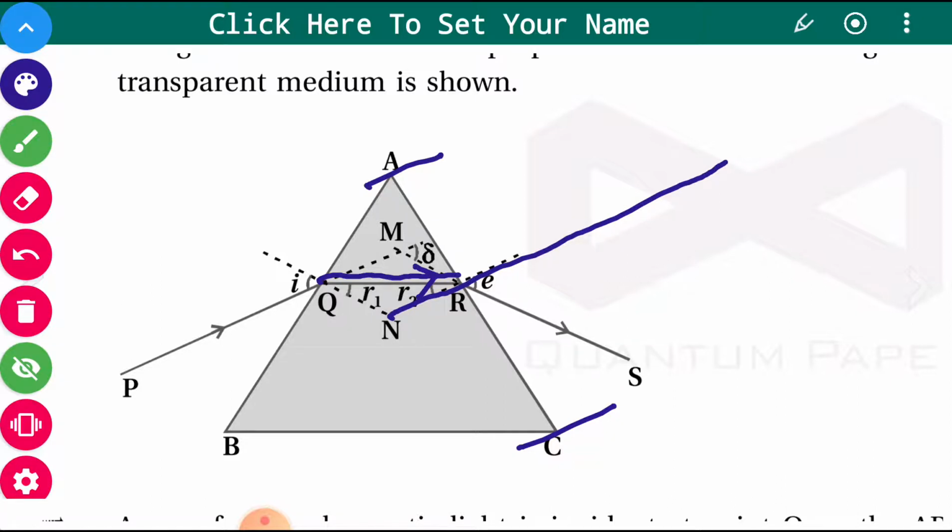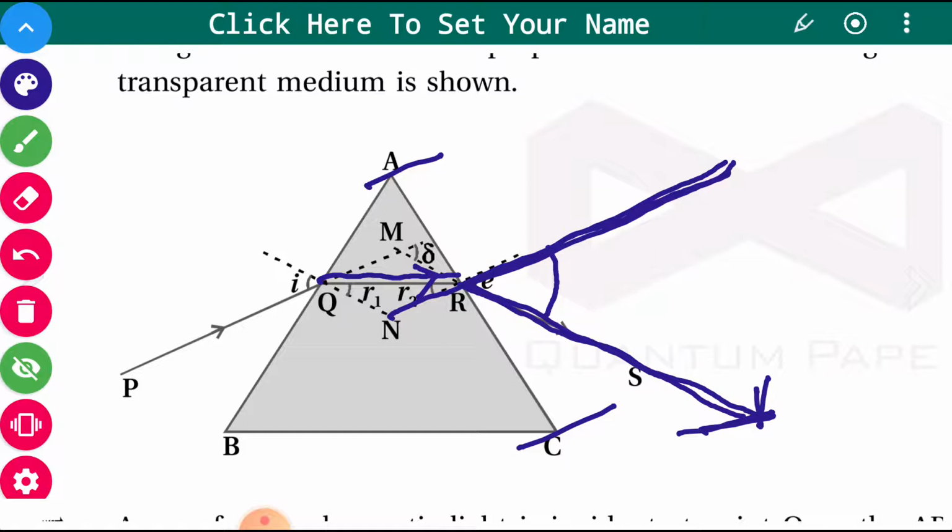This ray goes from prism to air, denser to rarer medium, so it goes away from the normal. The angle made by the emergent ray, the ray coming out from the prism, with the perpendicular is the angle of emergence.